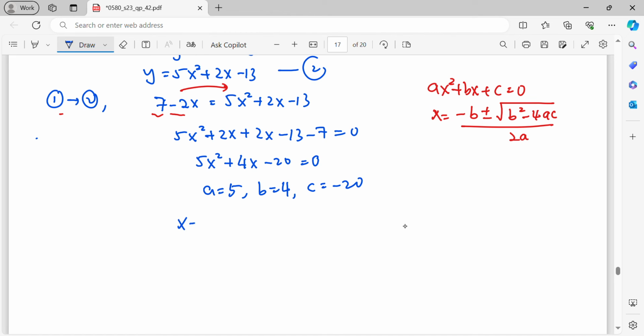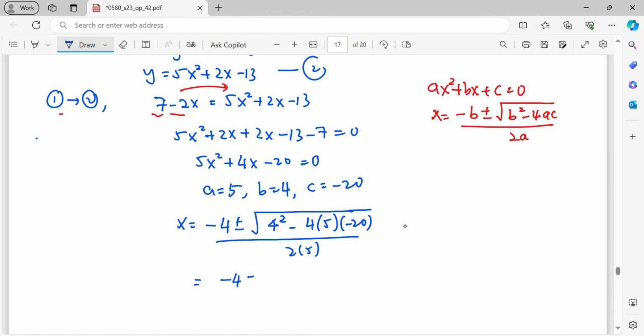So now my x is going to be minus b, meaning minus 4, plus minus square root of b squared, 4 squared, minus 4, a is 5, c is negative 20, then over 2a. Then now you will get minus 4 plus minus square root of 4 squared minus 4 times 5 times negative 20. That is going to be 416, then over 10.